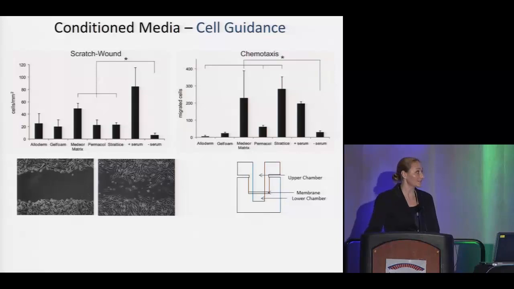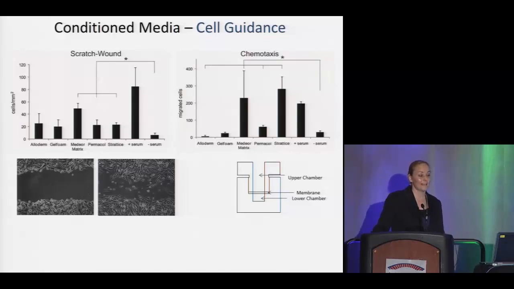So performing your standard scratch wound assay, in which you have a confluent layer of cells and you create a defect across it, and then adding the conditioned media, we can start to see cells will start to migrate and close this wound. And from this assay, we saw that meteor matrix, permacol, stratus all started to increase the wound healing significantly over our negative control.